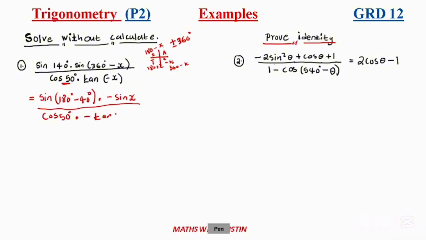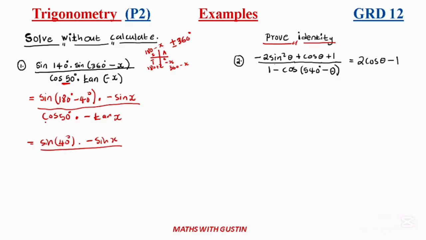Okay, so now what do we need again? So here at 180 minus, what do we have? We have got sine 40, which is positive, times negative sine x all over.